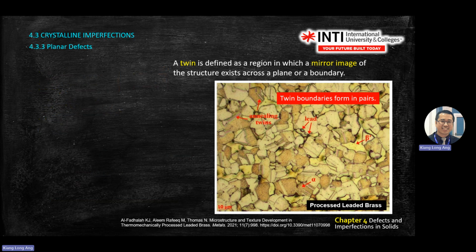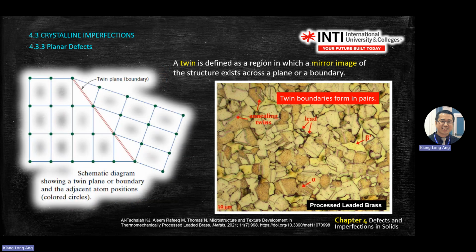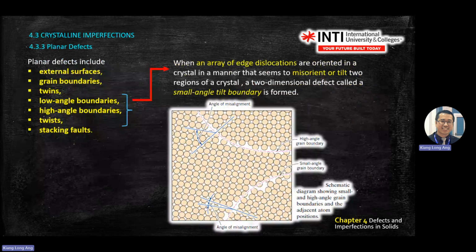So it will be a schematic diagram. It looks like this. There is a shear plane here, between the left hand side and right hand side. Then they form a twin plane. Then this one is a misalignment.